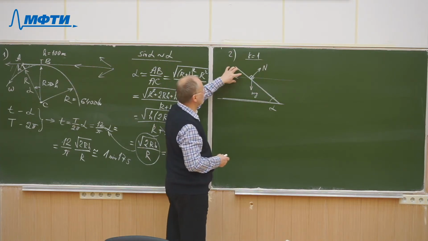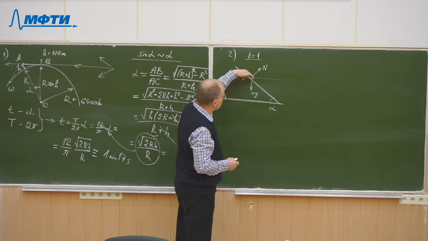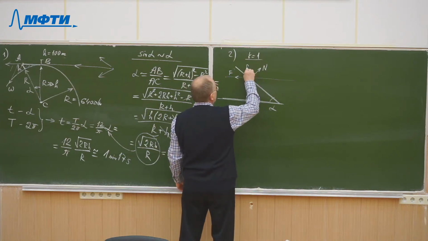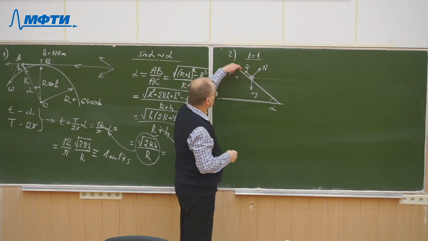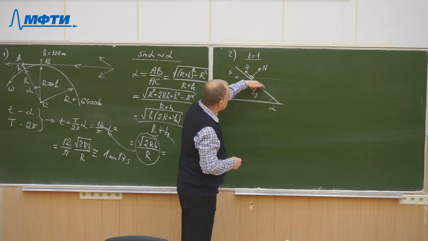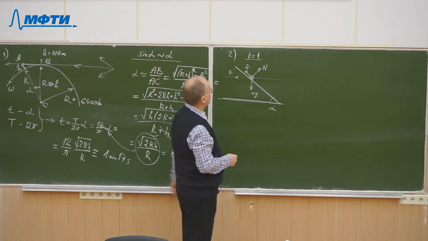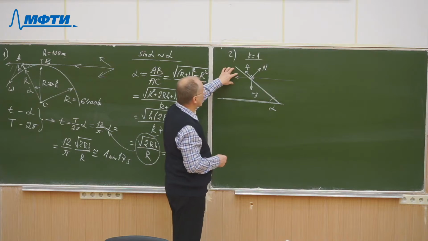If there is no external force, then the bar will want to slide down the slope, and the force of friction will be directed this way in order to retard the velocity of the bar. So if the bar wants to slide down, then the force of friction is directed oppositely to the direction of motion. This will be the case if the force F is 0 or very small.